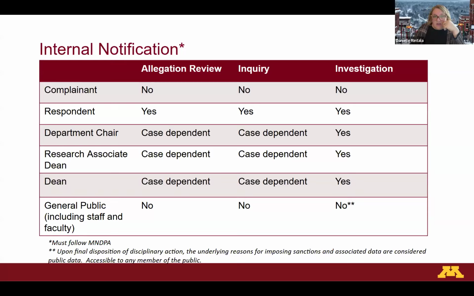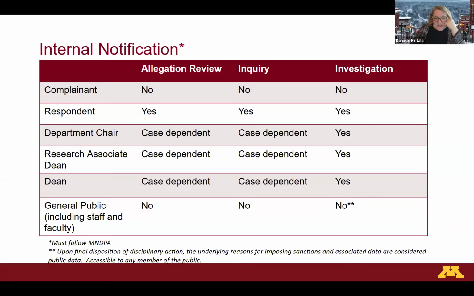The department chair is case dependent during the allegation review and inquiry. This is particularly because, remember, these can be closed at either stage, and it can be very detrimental to someone's career to just be accused of research misconduct, much less have to go through the process. But when they go through an investigation, then the department chair is, of course, notified, because they will be the ones that determine if the person stays employed or not.